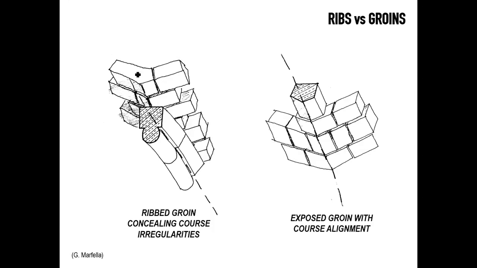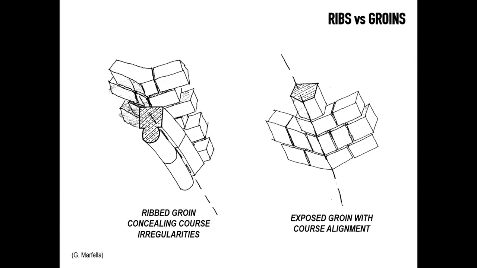The price to pay by eliminating the ribs would be to have an absolute geometrical control of joints, something that will come back in the future with stereotomy in the Renaissance times. But this would be what would be required in order to have a stone vault at the groin.